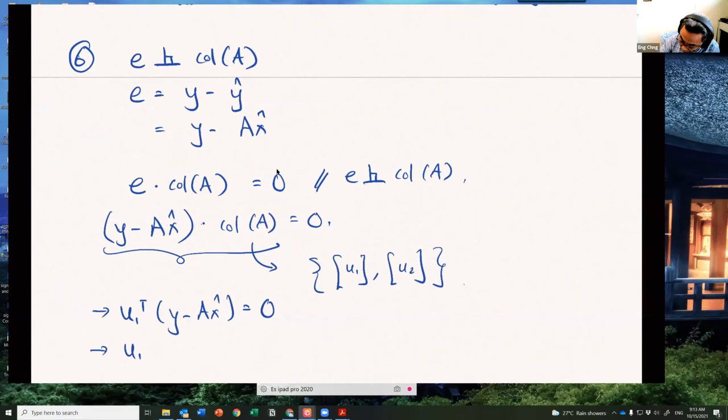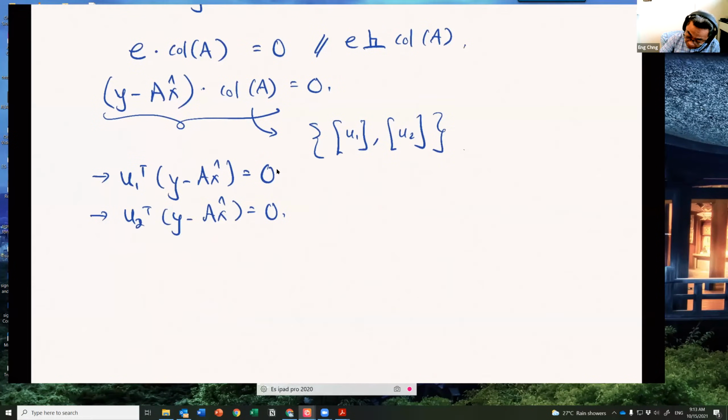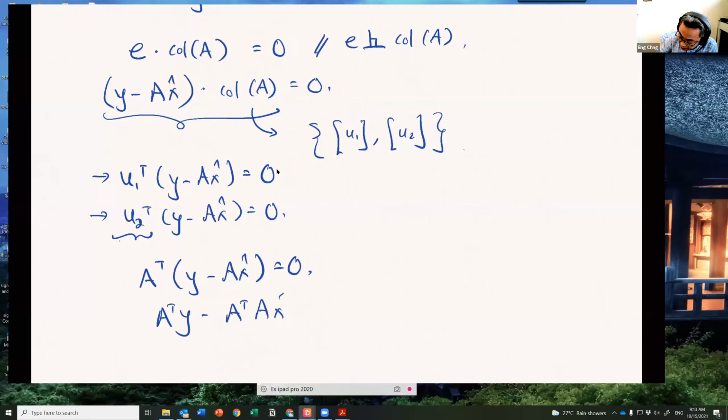And the second equation is u2 transpose (y minus A x hat) equals 0 to show that they are orthogonal. How to see these two equations: u1 transpose, u2 transpose is A transpose. So A transpose (y minus A x hat) equals 0. You open it up: A transpose y minus A transpose A x hat equals 0.